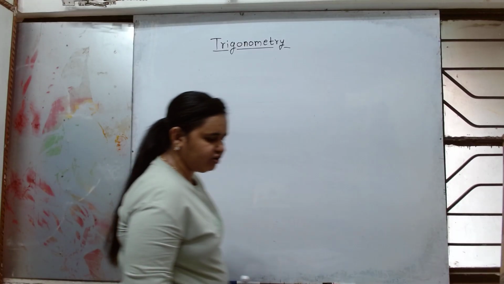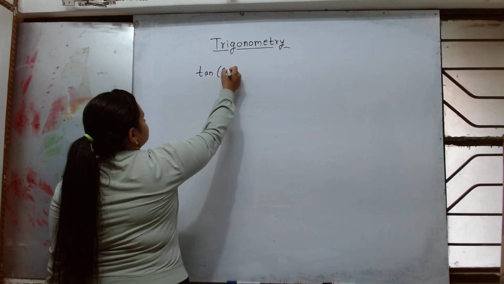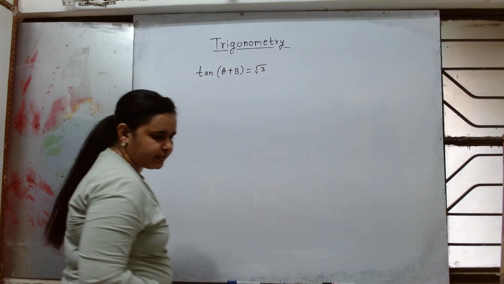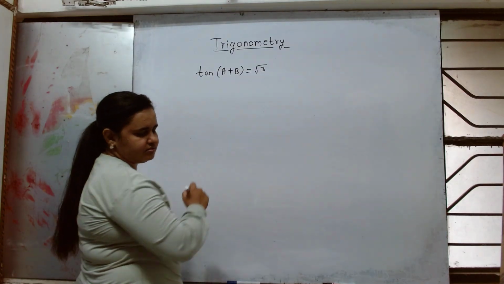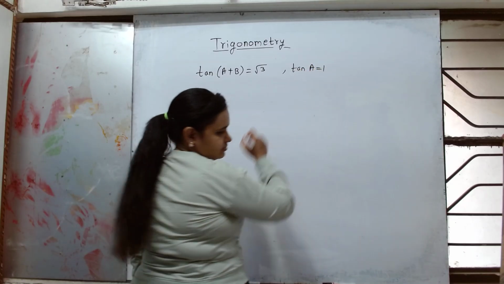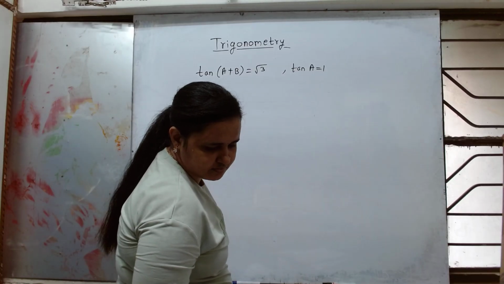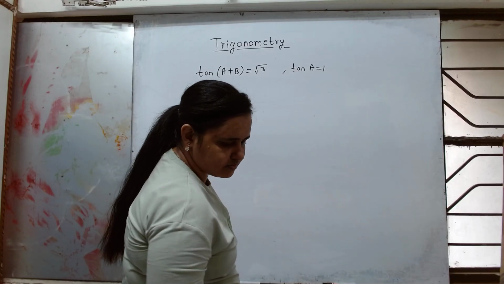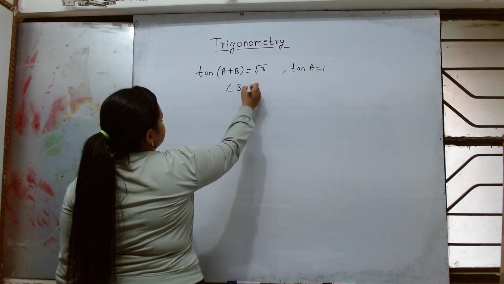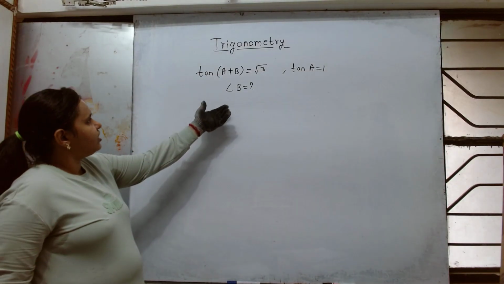Now eighth one, tan of A plus B is equal to root 3, and tan A is equal to 1. We have to find angle B. Now this is again a formula.